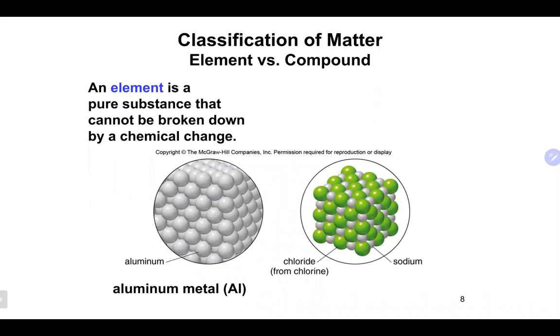There are still 26 letters, give or take, but there are lots and lots of different words we can make depending on the combination of the letters and how we put them together. It's the same thing with our elements. There are different combinations of compounds that can be made depending on which elements come together or how many of each come together.